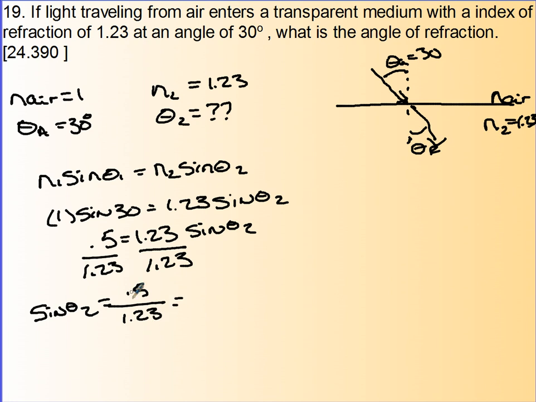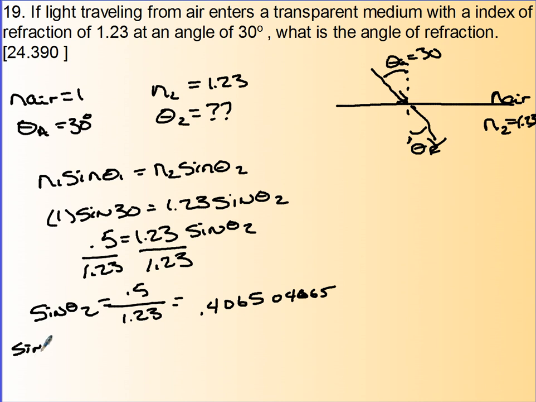I'm going to stick it in my calculator here real quick. I get 0.40650465. All right, these digits don't actually matter. So what this is saying is the sine of this angle is that number. So I want the angle. So what you need to put in your calculator is inverse sine.